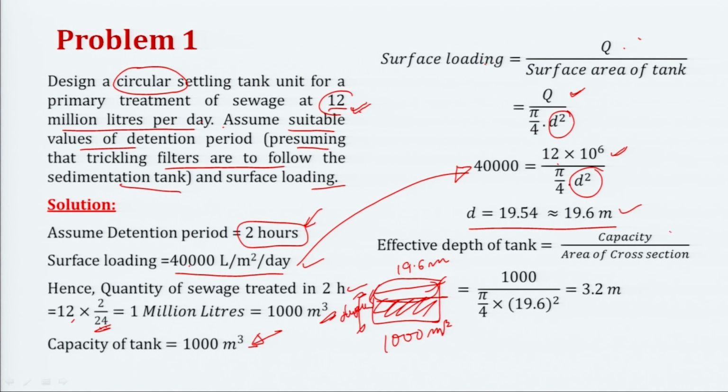So, obviously, 1000 divided by pi by 4 into 19.6 square, right, which works out to be 3.2 meter, right. So, what you are designing is 3.2 meters.